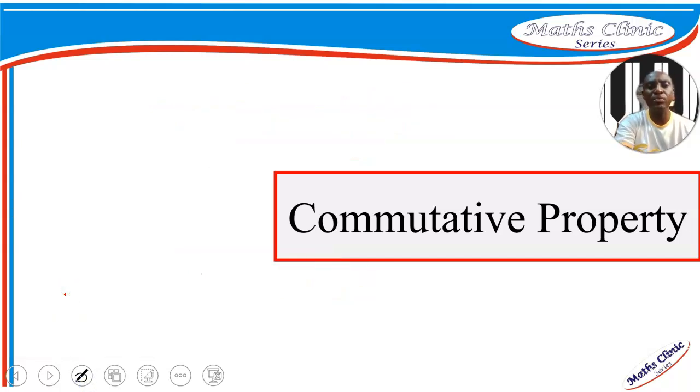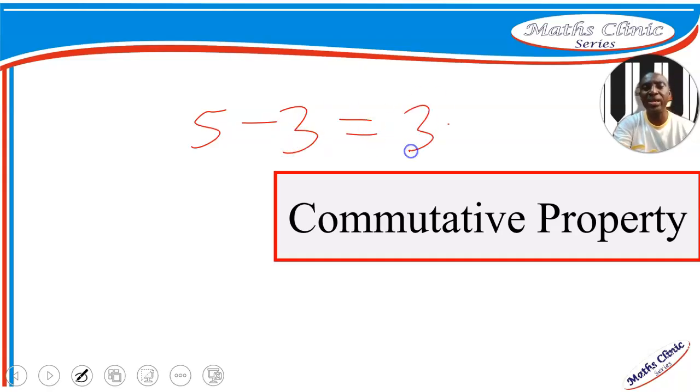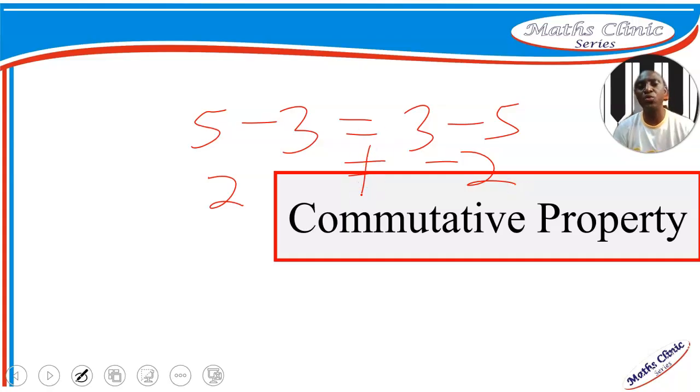Let's say I give you 5 minus 3 and 3 minus 5. Am I going to get the same thing on the left hand side as on the right hand side? The answer is no, because the first one will give me just 2, the second one will give me negative 2. And since this is not equal to that, we say the operation subtraction is not commutative.